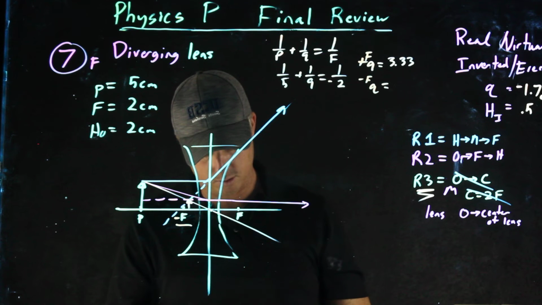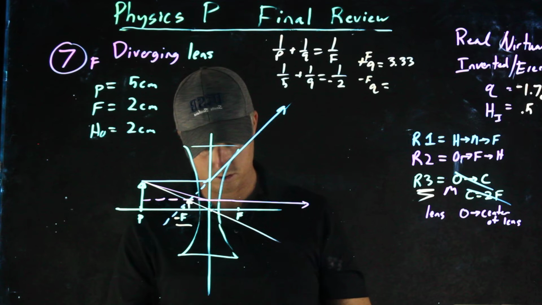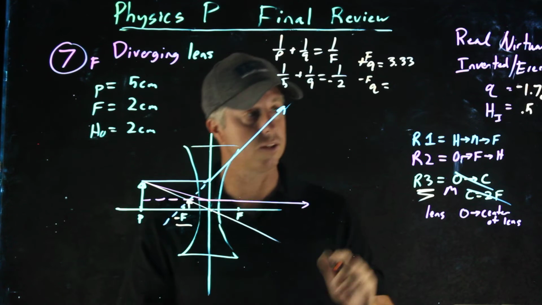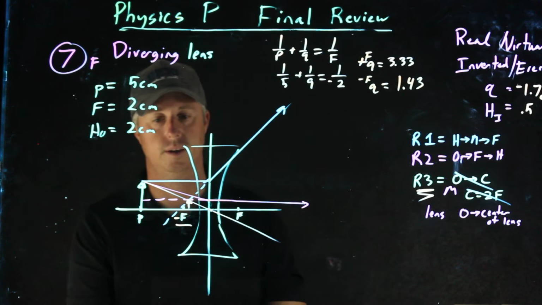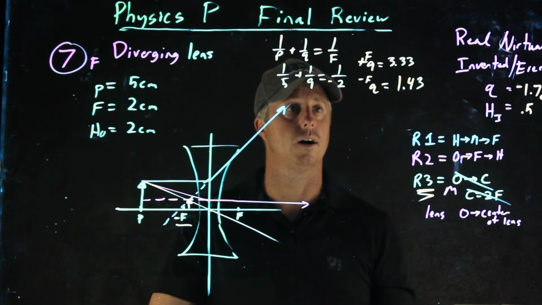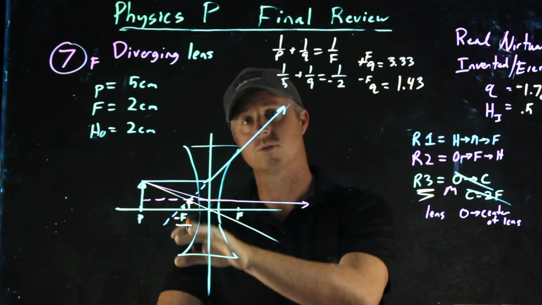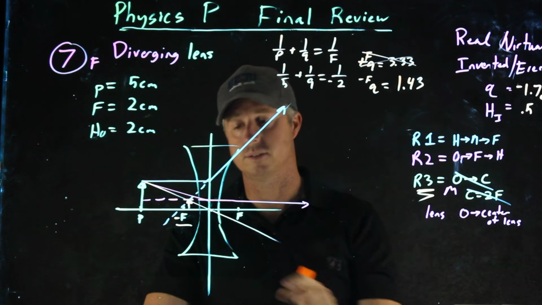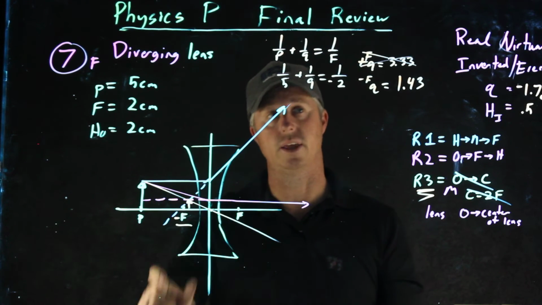If that's the case, it would be 0.5 plus 0.2, 0.7, 1 divided by that gives me an answer of 1.43. This is an indication that you either use the wrong Q or your lines are really bad. In this case, it's not a positive focus, it's the negative focus.